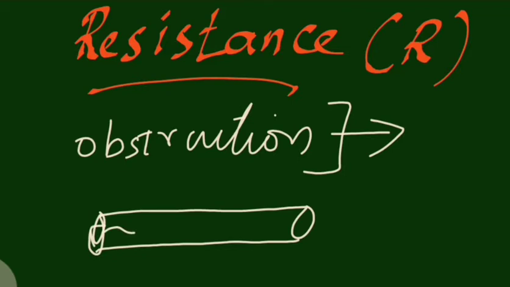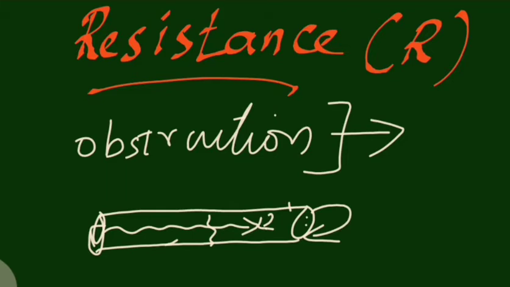When the current is flowing through the conductor, if the conductor is offering some obstruction to the flow of current, or hindering the flow of current, then that is known as the resistance of the conductor.